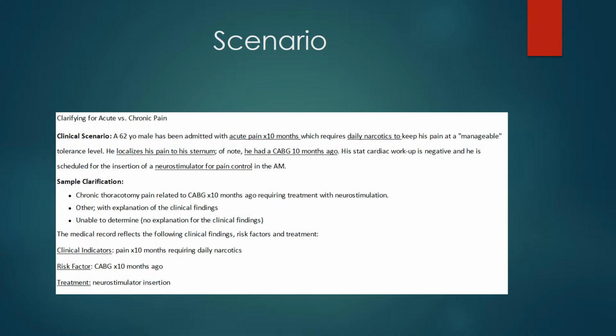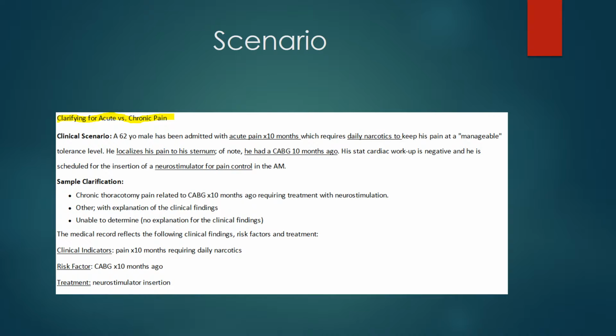Here's a scenario of a person who has pain, and the purpose of this clarification or query, the question we're asked, is to see if it's an acute pain or a chronic pain to get the best treatment or the best diagnosis for this patient.